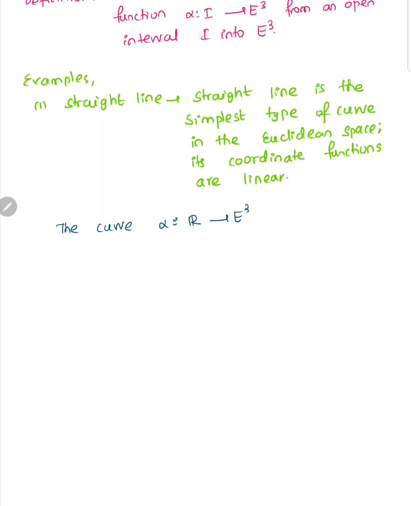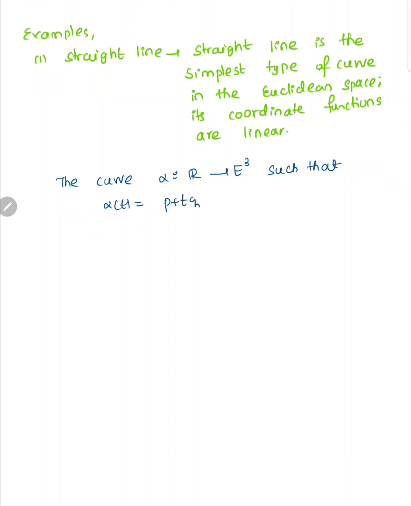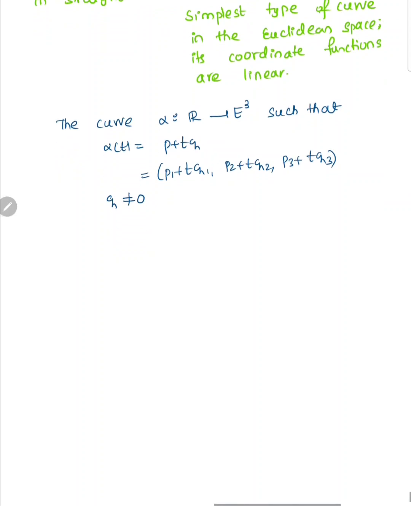Here we are taking I as the real number system R, such that alpha of t is equal to p plus tq. We can observe it is depending upon a single variable t. So this can be written in terms of ordered triplet: p1 plus tq1, p2 plus tq2, p3 plus tq3, such that the point q is not equal to 0.